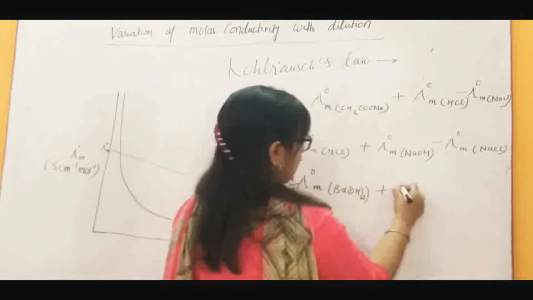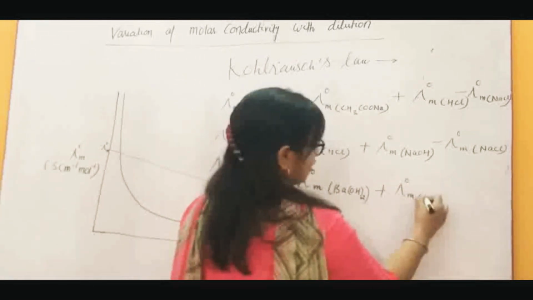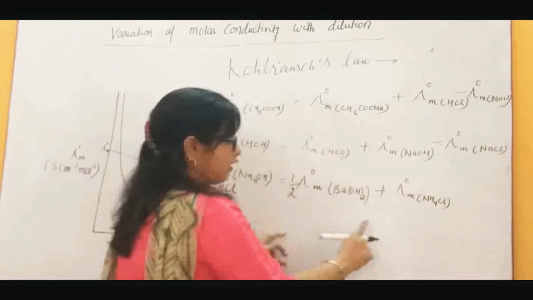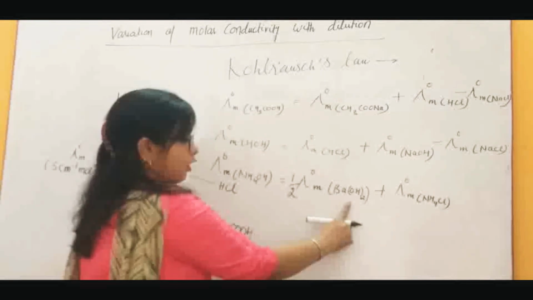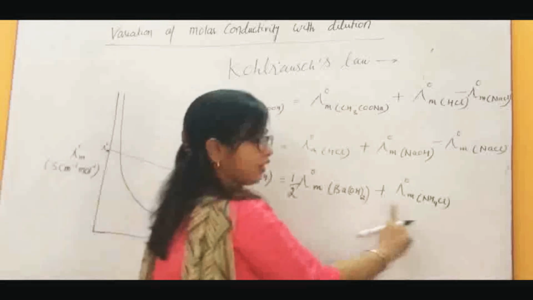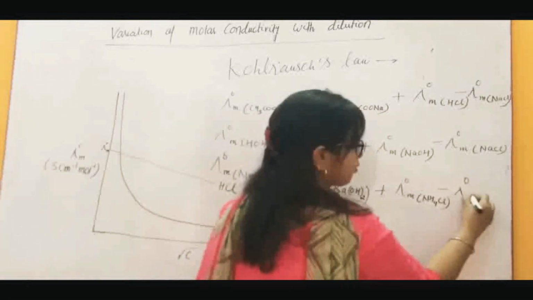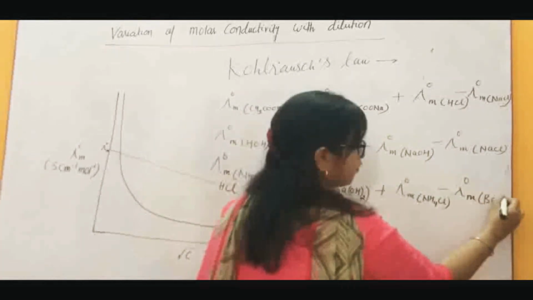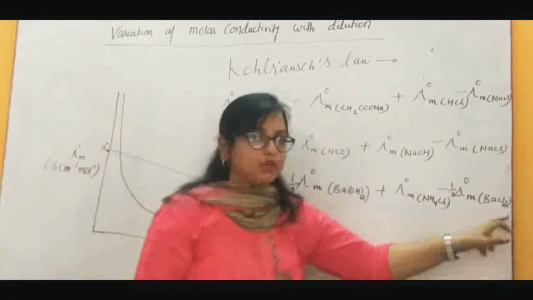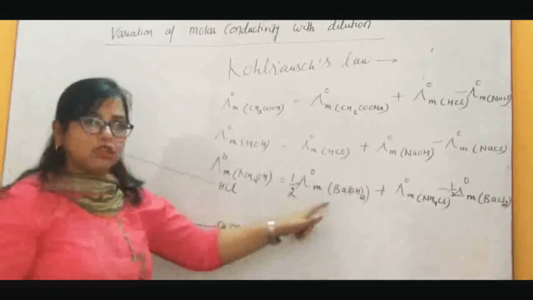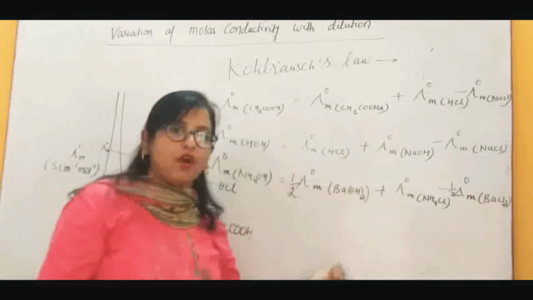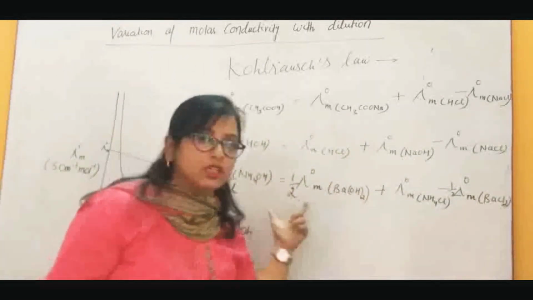Plus for NH4 I am using NH4Cl. So I am getting NH4 plus from here and OH minus from here. The remaining portion is half Ba and 1 Cl, so I will subtract half of the molar conductivity of BaCl2 from the total amount. Okay guys, so you can find out the limiting molar conductivity of any weak electrolyte by using this equation.